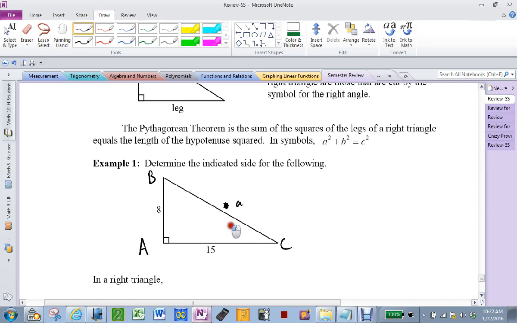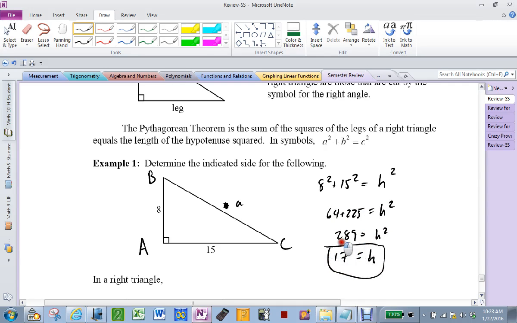So this, of course, would be just 8 squared plus 15 squared would get me the hypotenuse squared. Which is 64 plus 225, h squared, which is 289, h squared, which is 17. Okay? Don't fall for it.